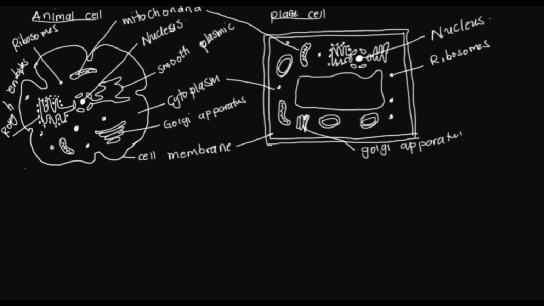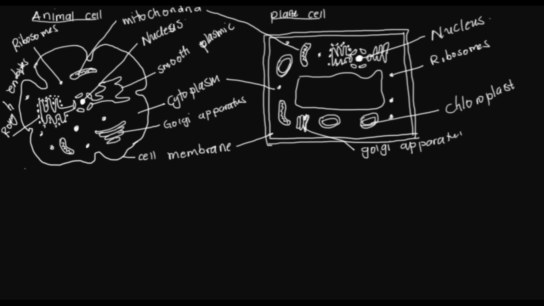Okay, now let's look at the chloroplast. Chloroplast is only found in plant cells. So animal cells do not contain chloroplast. Also, we need to know that chloroplast consists of a green pigment known as chlorophyll, and the function of chlorophyll is to trap the sunlight needed for the process of photosynthesis.